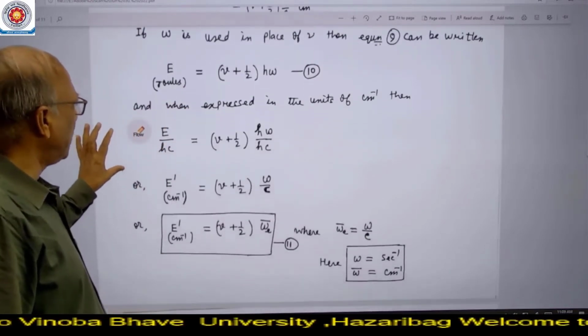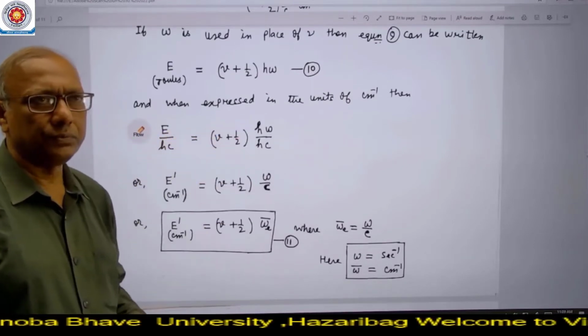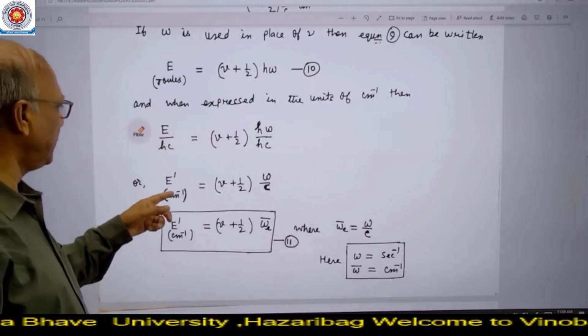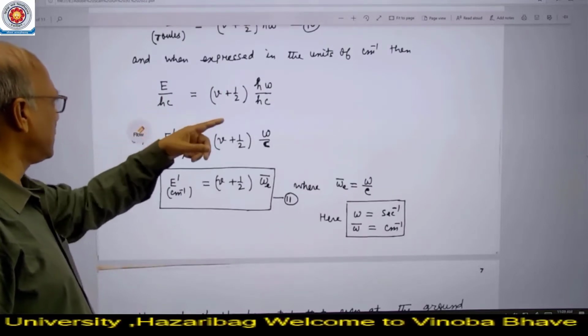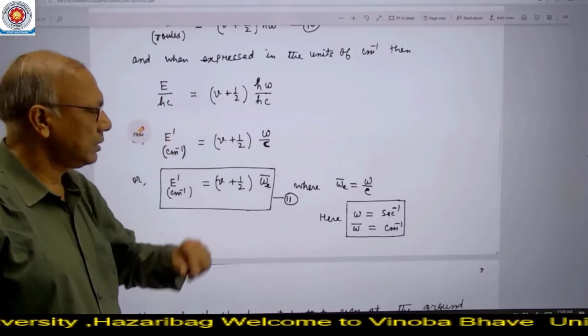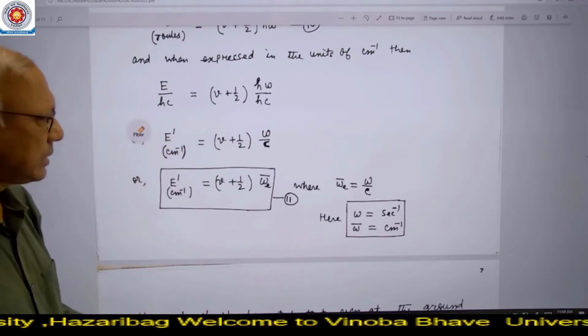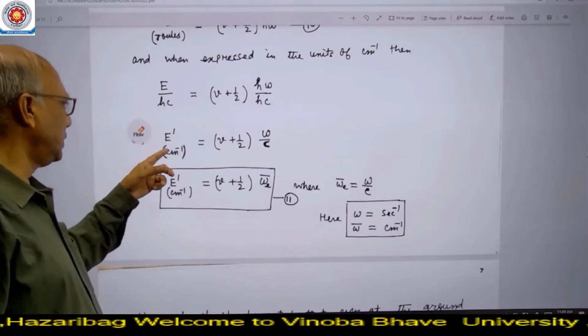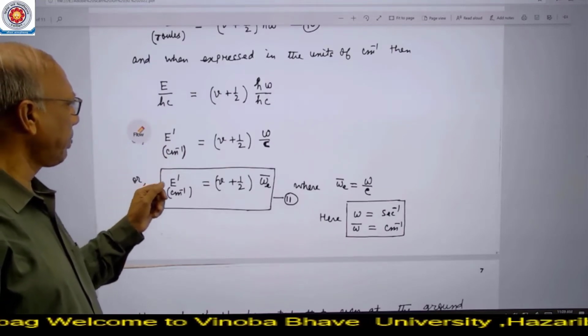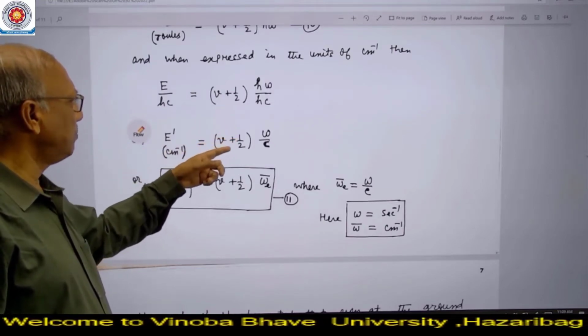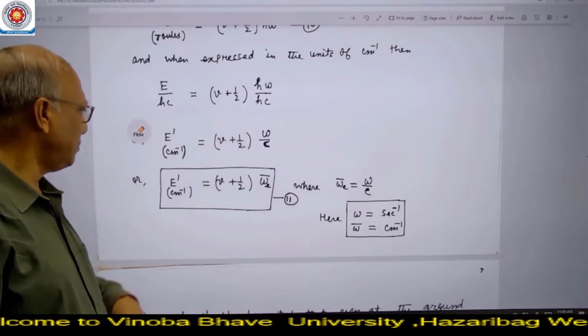But when we want to express it in terms of per centimeter, that is wave number, then this equation is also divided by hc on the left hand side and right hand side, and therefore it becomes E prime in per centimeter unit, and this becomes (V plus half) omega by c.